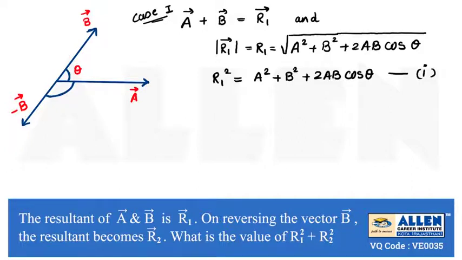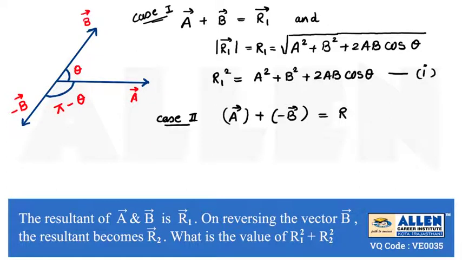And the angle between vector A and minus B can be seen in this figure, that is pi minus theta. So in the second case, we are discussing A vector and minus B vector. If we add these two vectors, the new vector obtained is R2 vector.